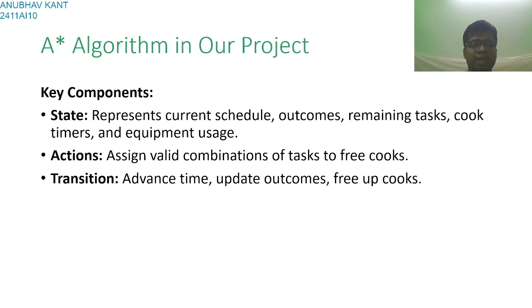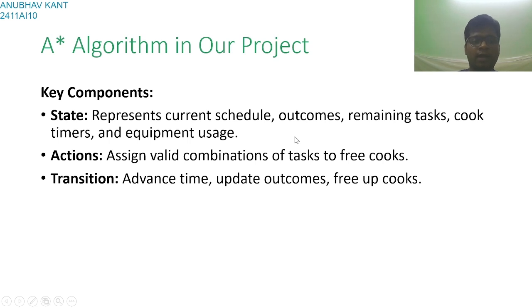And now we shall be discussing the AI algorithm in our project, and the key components involved. The first key component is state. State represents the current schedule, outcomes, remaining tasks, cook timers, and equipment usage.